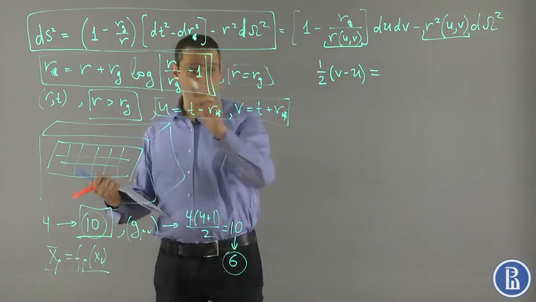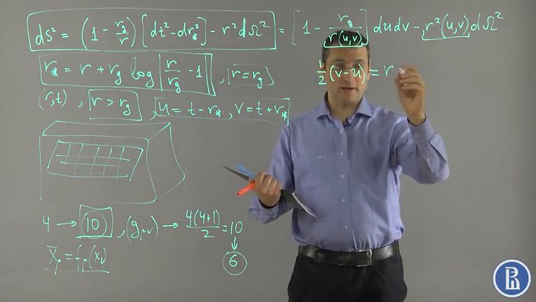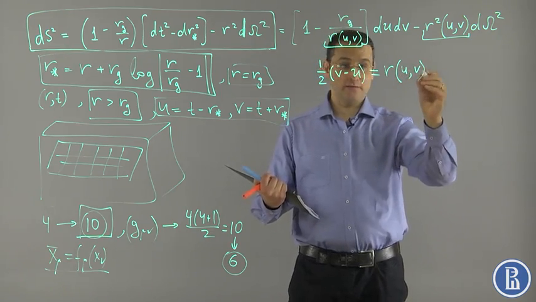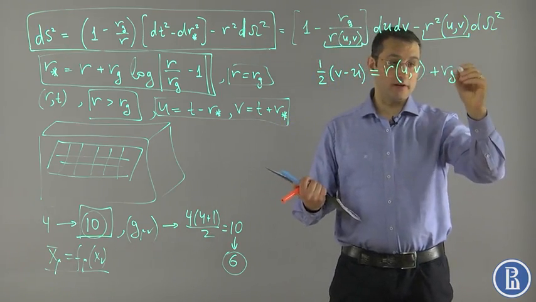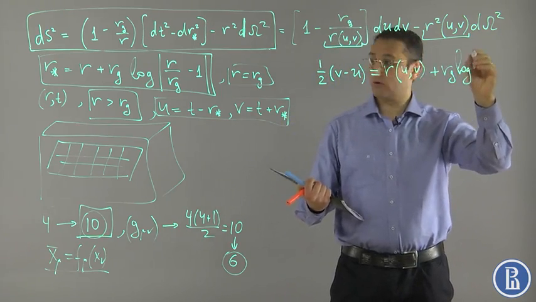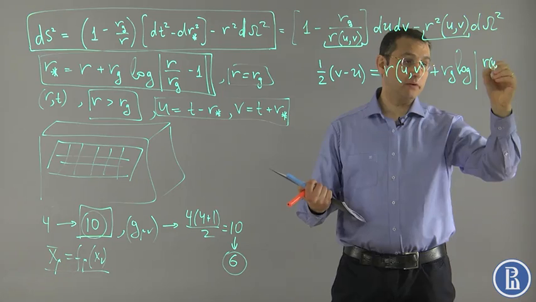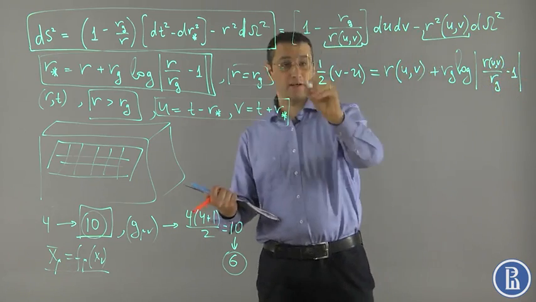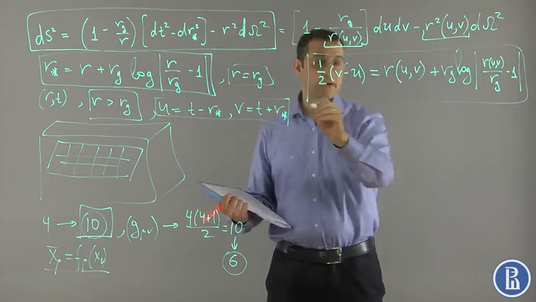I rewrite this expression as a function of u and v given by this relation: log of (r(u,v) over rg minus 1). So this is the relation specifying this function.